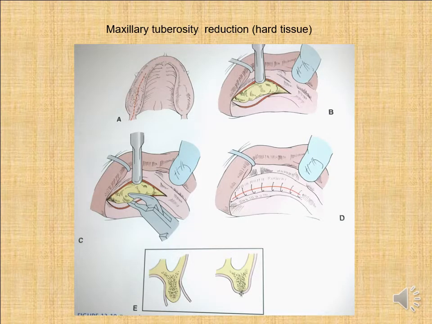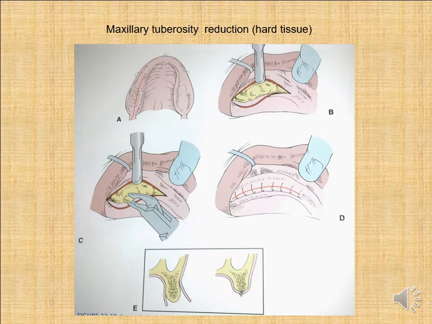The other technique for the maxillary jaw, or upper jaw, is maxillary tuberosity reduction. We have two types of excessive increase in the size of the maxillary tuberosity, either bony, as a hard tissue, or soft tissue, from the mucosa.